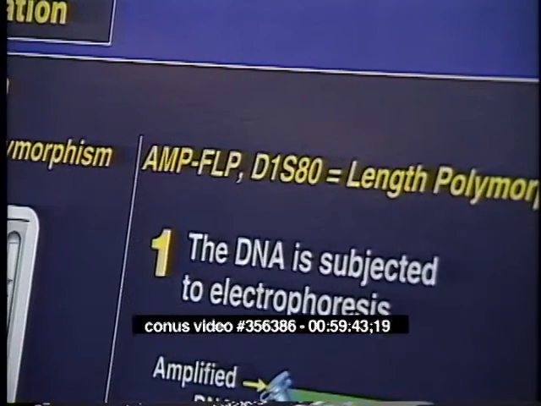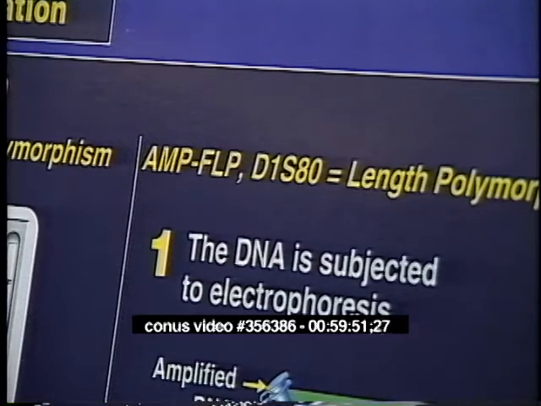Okay, what's that first term mean, AmpFLP? AmpFLP is sort of a shorthand version of saying amplified fragment length polymorphism. AMP referring to amplified, F is fragment, L is length, P is polymorphism.